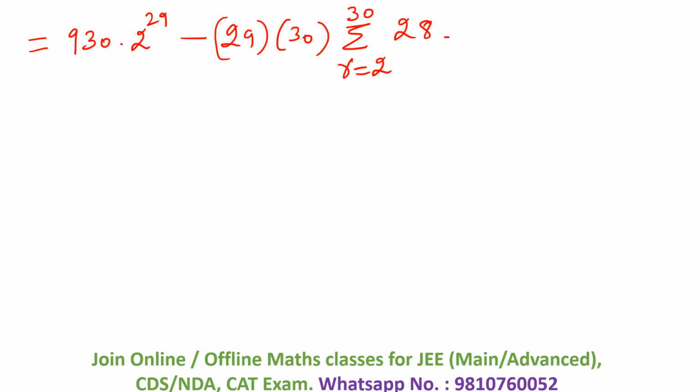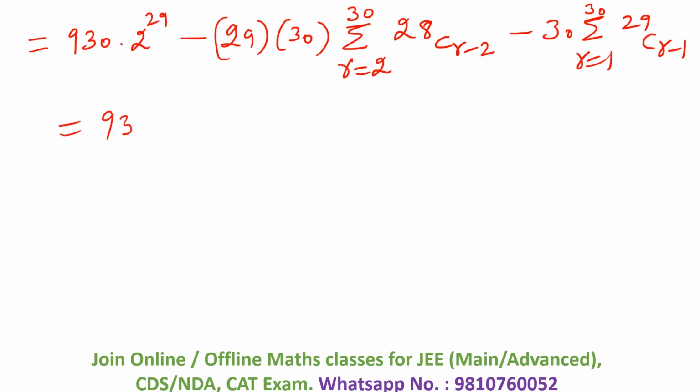Inside we have 28C(r minus 2), minus it is 30 times summation r varying from 1 to 30, 29C(r minus 1), right? Now it becomes 930 into 2 to the power 29 minus 870.